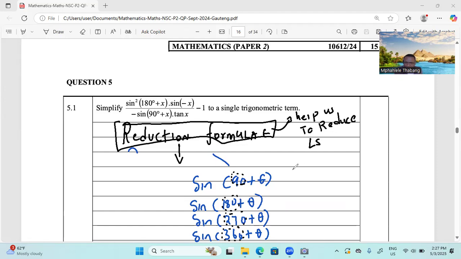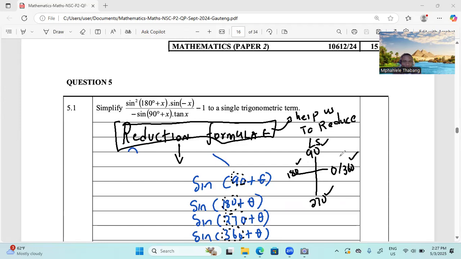Remember, the reduction formula goes hand in hand with a diagram called the CAST diagram. If you look at the CAST diagram, we have 90, 180, 270, and 360.